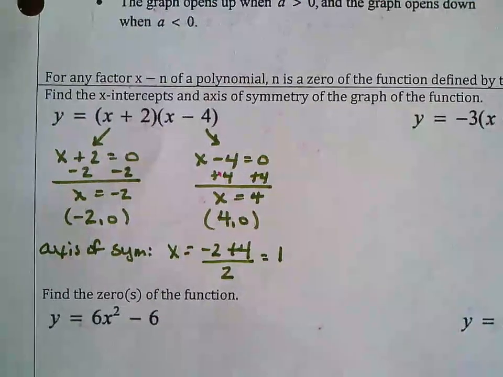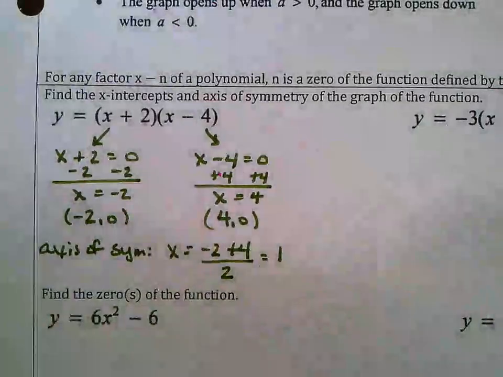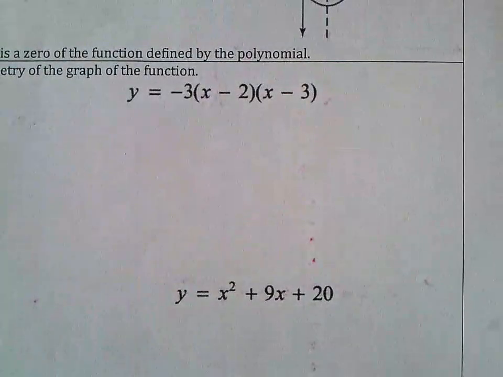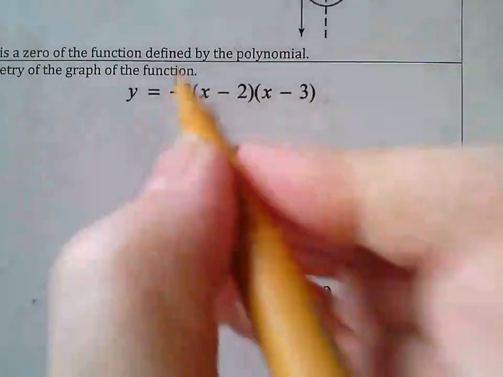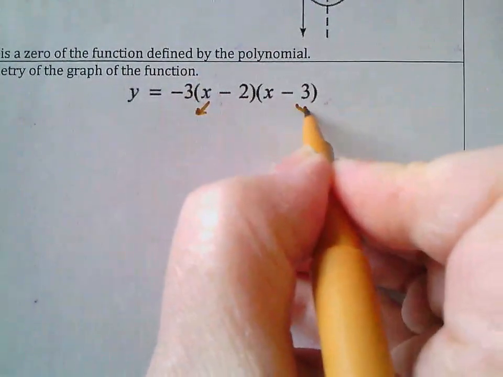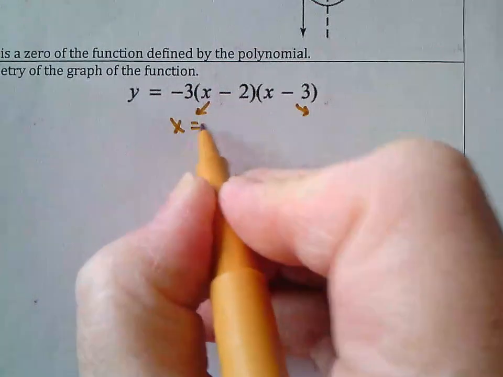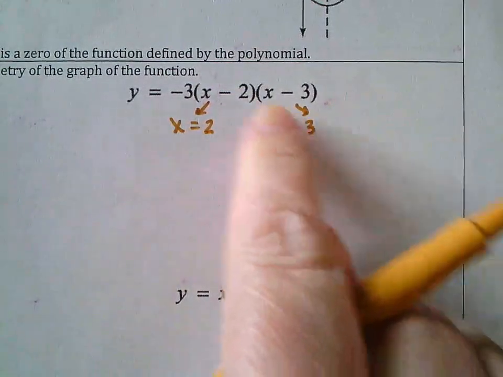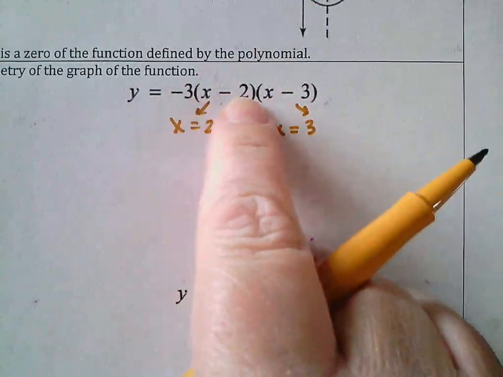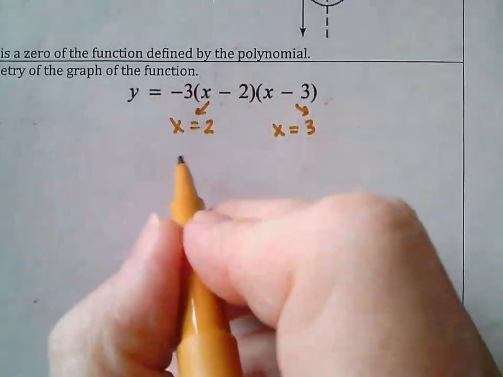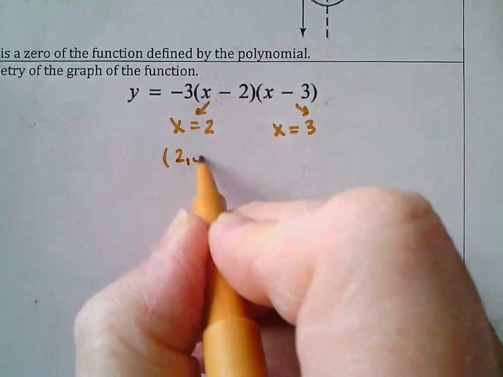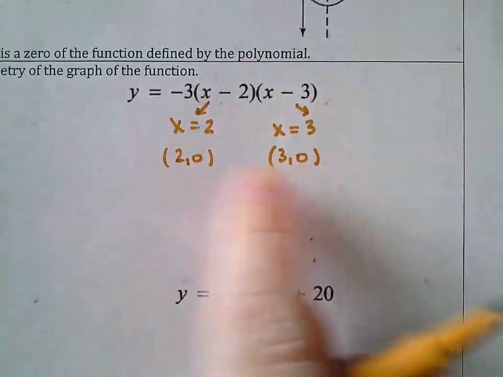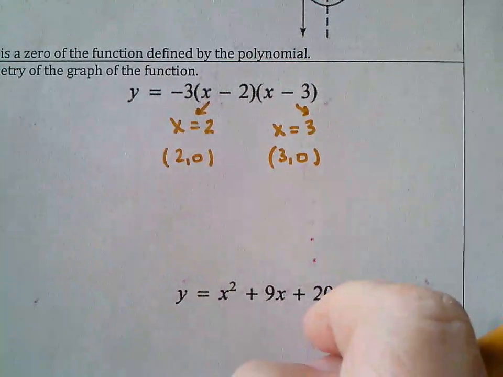Those are just the two things I want you to find in these couple of examples. So let's do this one. If you have this set to 0 and this set to 0, you're going to get x equals 2 and x equals 3, right? Because 3 minus 3 is 0 and 2 minus 2 is 0. That means my points here are (2, 0) and (3, 0), and those points are where they intersect the x-axis.